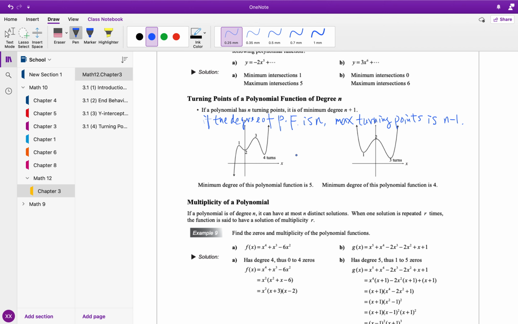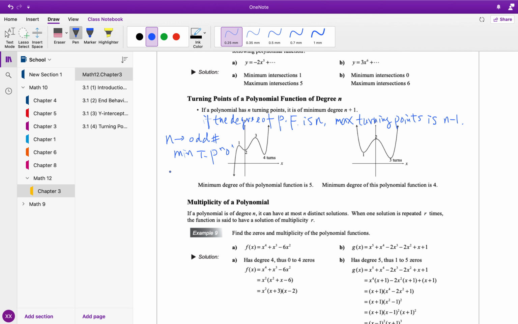All right, so this is about the turning points. We can also realize that if the degree n is an odd number, then the minimum number of turning points will be 0. Why?